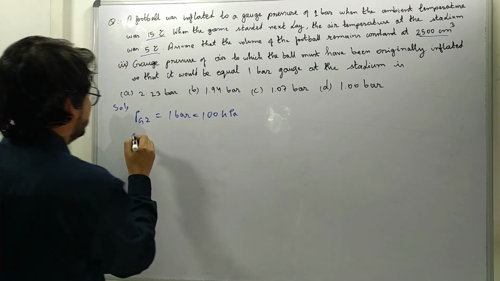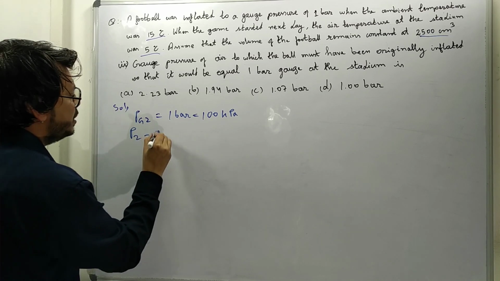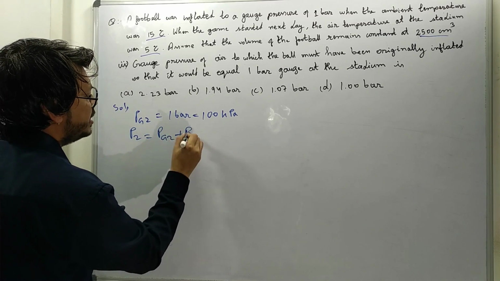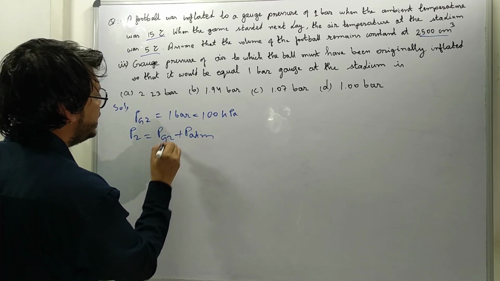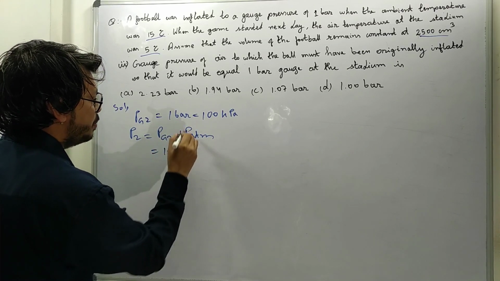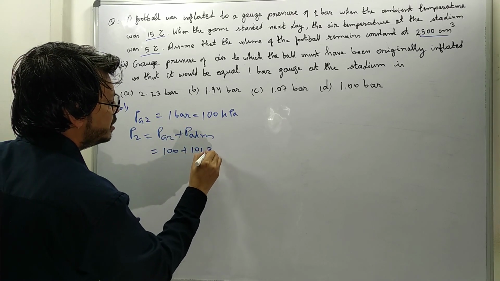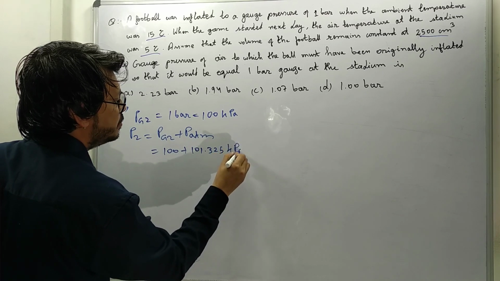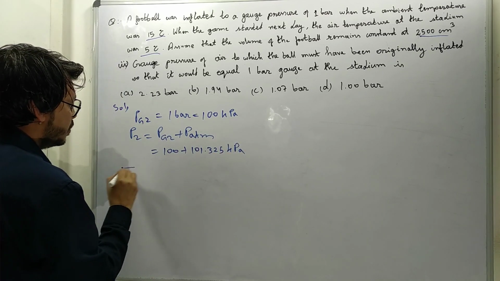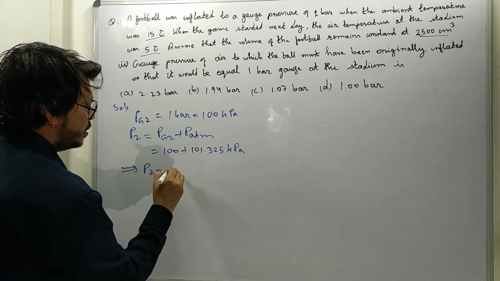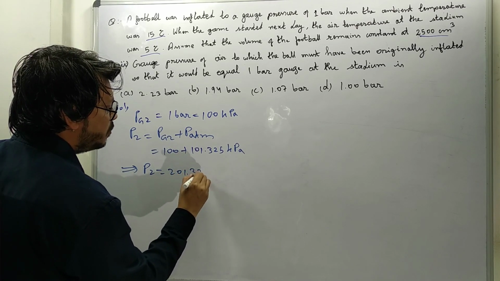Now final pressure P2 is equal to P gauge 2 plus P ATM, which is 100 plus 101.325 kilopascal. So from here we get the value of P2 as 201.325 kilopascal.